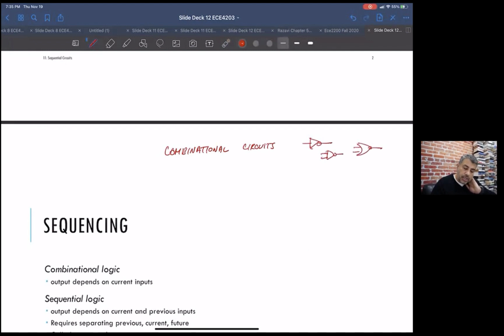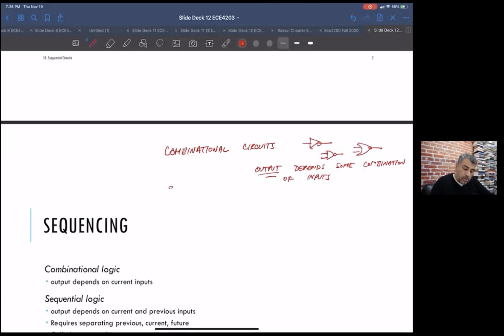Basically, any circuit whose output depends on some combination of inputs. So, the output only cares about what's on its inputs now. It doesn't have any memory, doesn't remember what happened a picosecond ago, a nanosecond ago, whatever. Whatever is on the input, it'll make some decision on what's on the output.